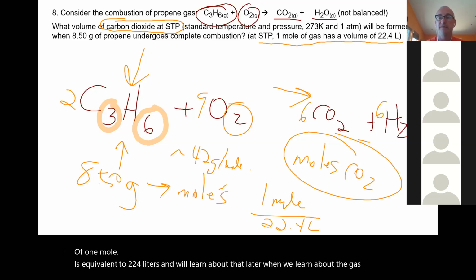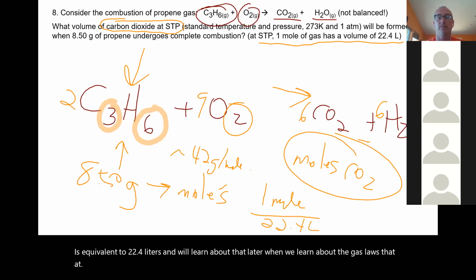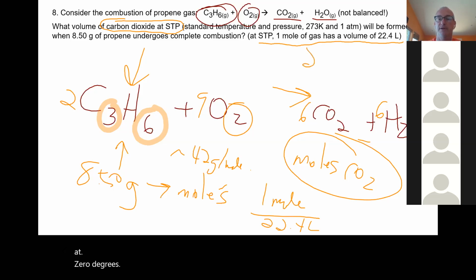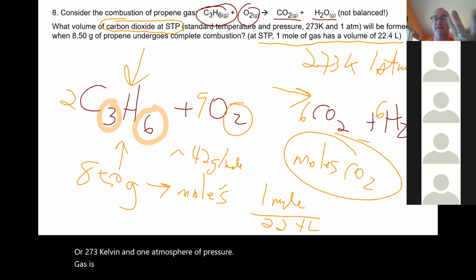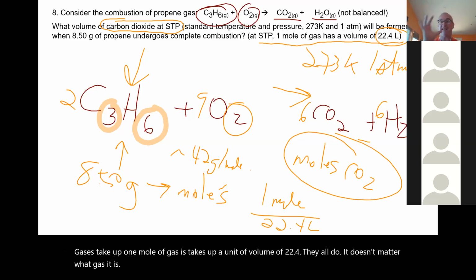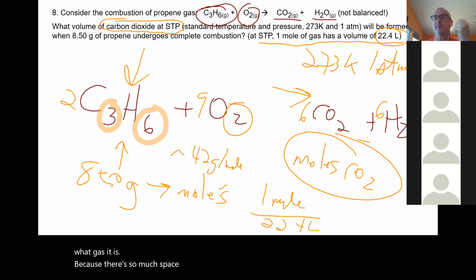At 0 degrees C, or 273 Kelvin, and 1 atmosphere of pressure, 1 mole of gas takes up a volume of 22.4 liters. They all do. It doesn't matter what gas it is, because there's so much space between gas molecules that they all pretty much take up the same space.